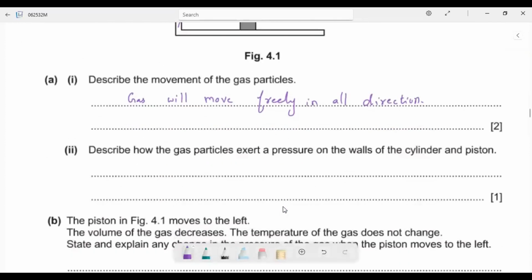Next, describe how the gas particles exert a pressure on the walls of the cylinder and piston. So when the gas particles are moving freely, there will be collision of particles. So this collision of particles with the walls of the cylinder and the surface will exert a pressure.